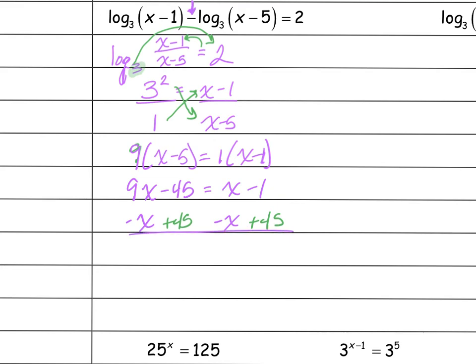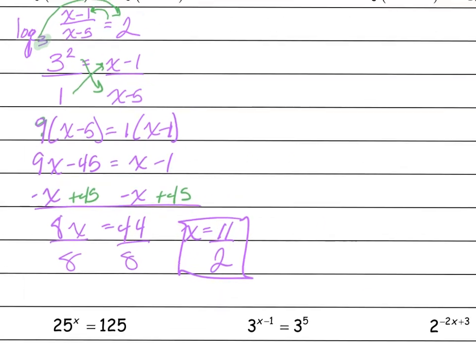So 9x minus 1x is 8x equals 44. And then I'm going to divide by 8. So x is going to equal 11 halves. And there's my answer. Beautiful. Not too bad so far.